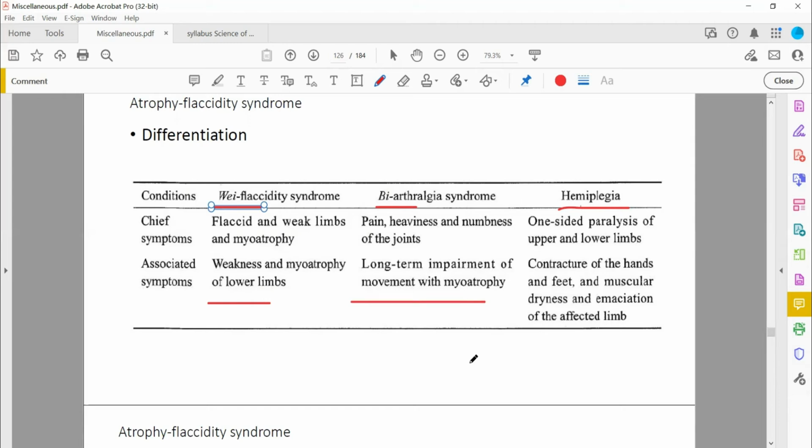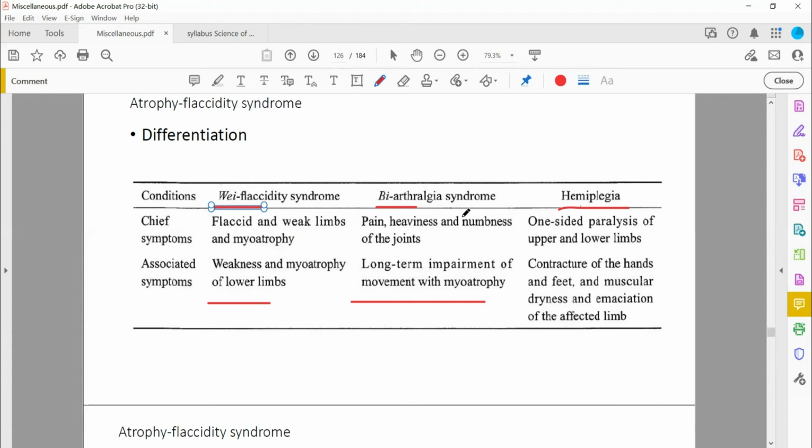What's the difference between them? Bi syndrome, for example, there's knee pain, arthritis, right?